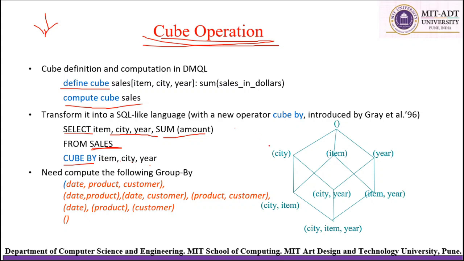So here we have the cube of these three dimensions city, item and year. So this is 0 dimension, 1 dimension, 2 dimension and 3 dimension. So we can perform the group by operation by using 3 dimensions. Similarly, we can have other dimensions like date, product, customer added, and we can have the cube of these 3 dimensions.